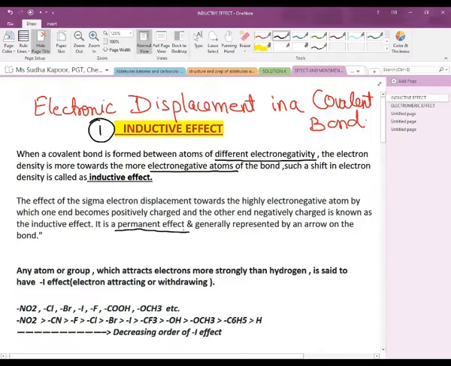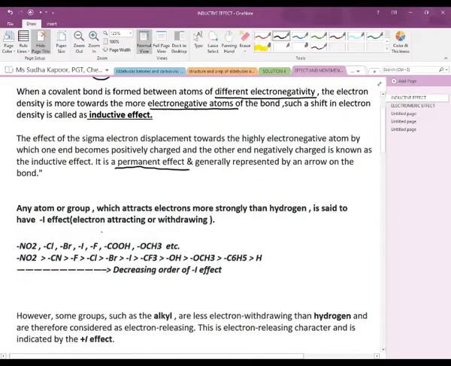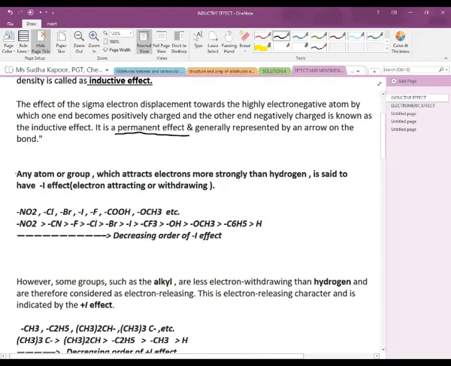Now, in terms of which groups are attached, the inductive effect can further be classified into the minus I and plus I effect. In the case of the minus I effect, there is an atom or a group which attracts electrons more strongly than hydrogen.